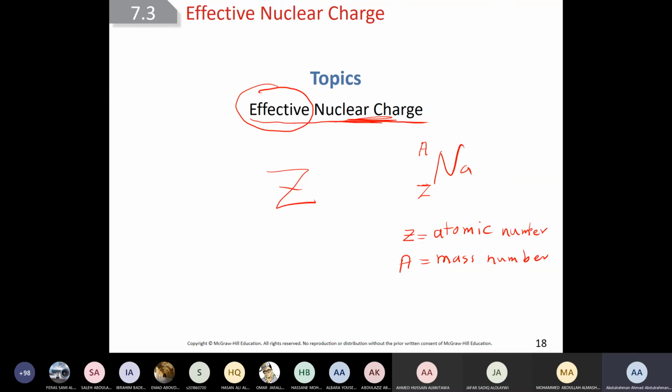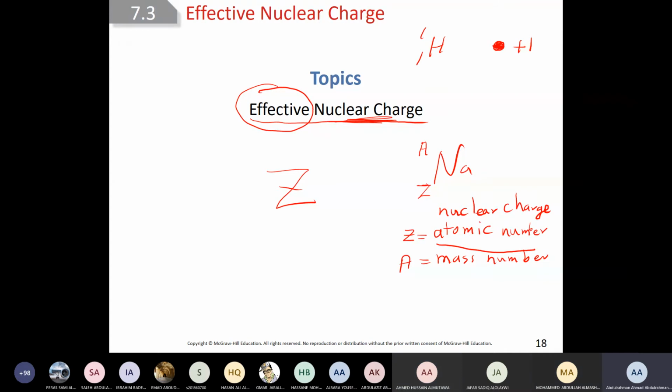The atomic number is the nuclear charge, right? So if I have, for example, hydrogen, 1 and 1, what's the charge on the nucleus? Plus 1.